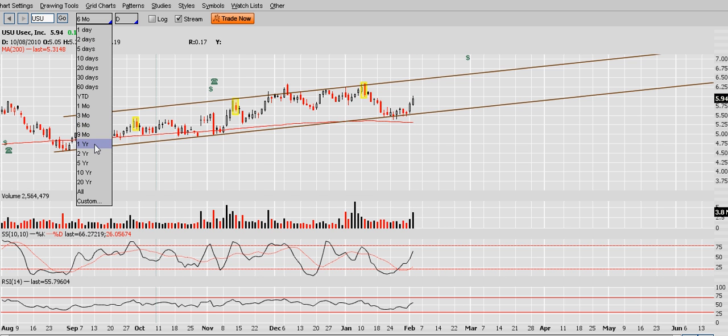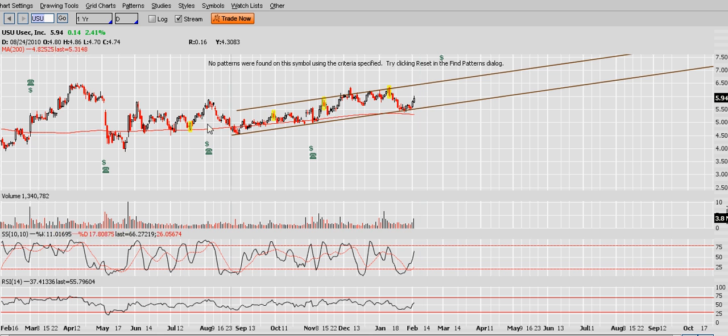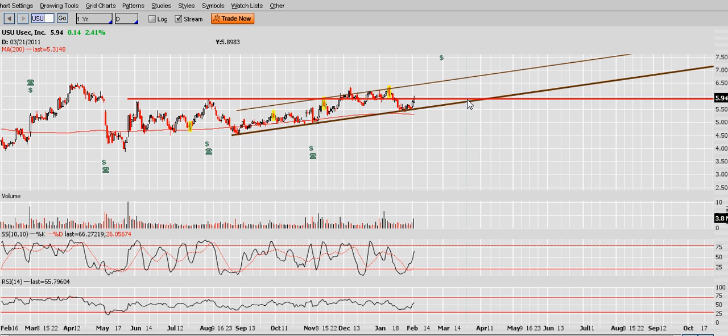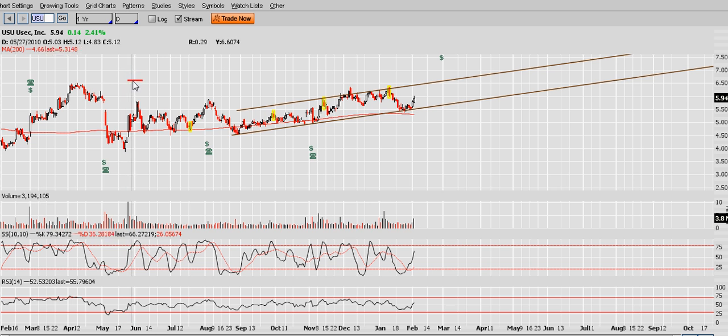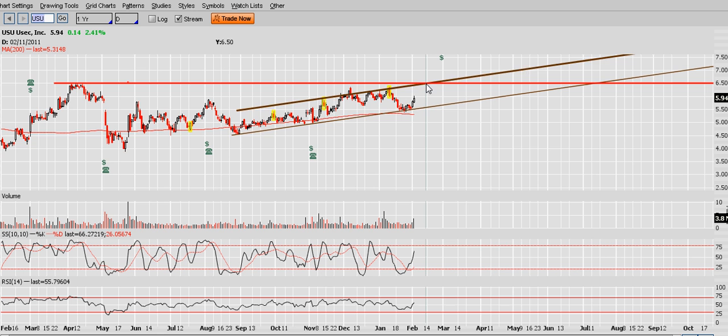As far as overhead resistance coming up, the next one would be, that one doesn't look too significant. Yeah, it's sitting right there at the first resistance right now. Actually, it broke through it, so I won't worry about that. The only one that I would be, in fact, worried about would be its 52-week high, which is right here, and coincidentally is also at $6.50.